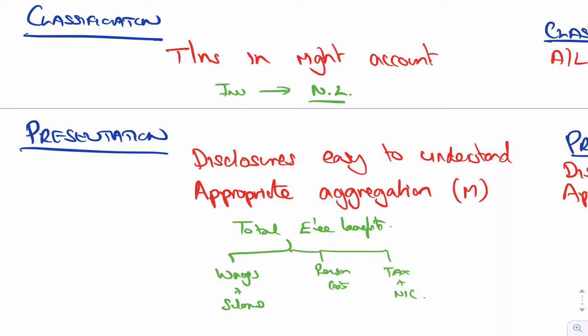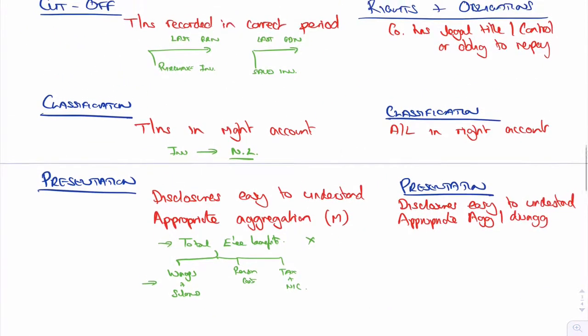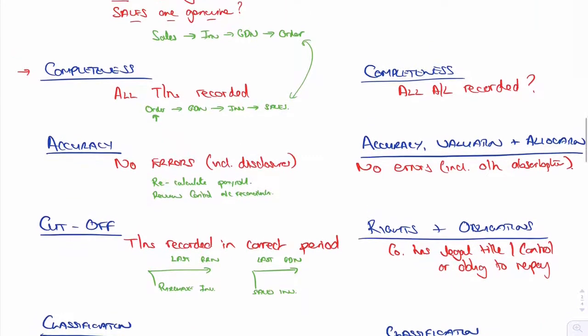So you've got here maybe one figure for total, and that's the aggregation, and this is the disaggregation in the notes. So they split it up enough to make it easy to understand in the notes. So that's the sort of things you can do on the income statement for transactions.